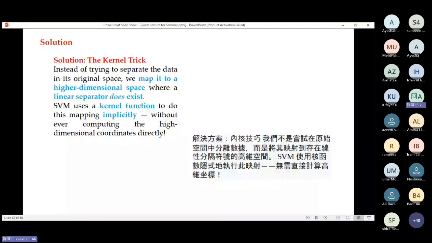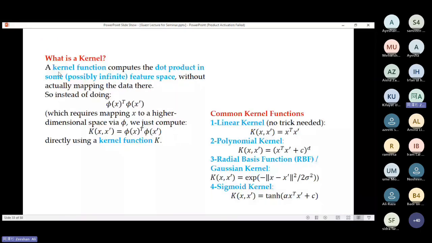What is a kernel function? A kernel function computes the dot product in some possibly infinite feature space without actually mapping the data there. We have different types of functions to use in a support vector machine to classify data into different categories. Many people have used the linear kernel.